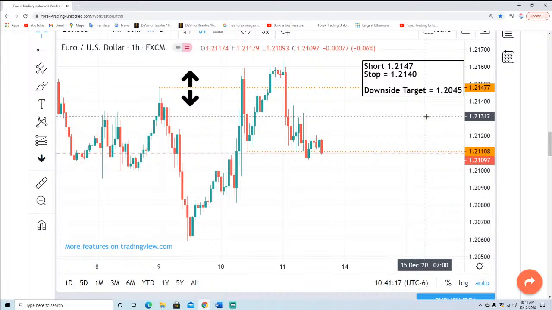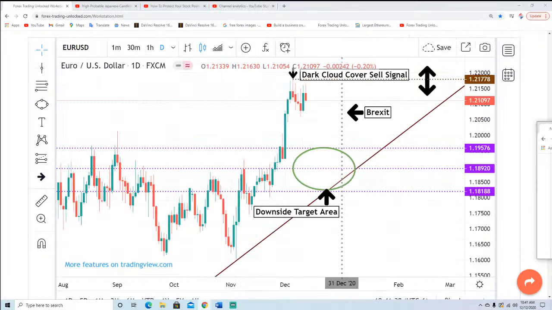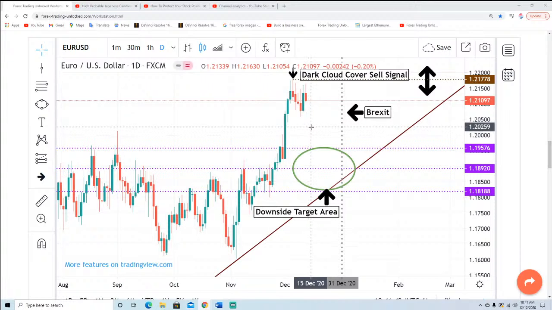Now this is on the hourly basis. Okay, so on the hourly basis, we have the euro US dollar targeting $1.2045. Let's go back to our daily chart here, and we have it going down to $1.1957. So let's just say that we get the hourly, and that touches off.